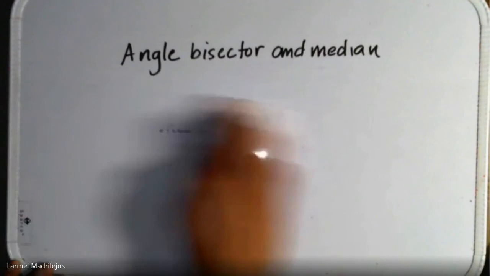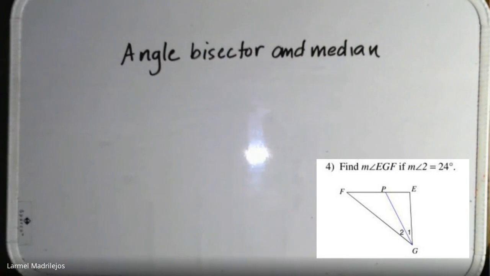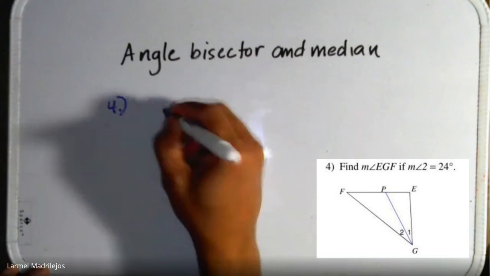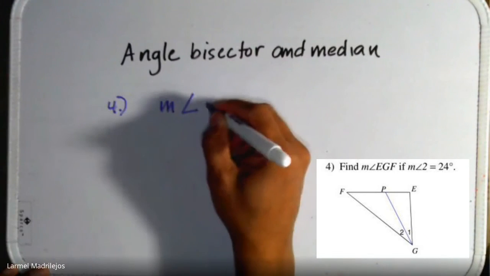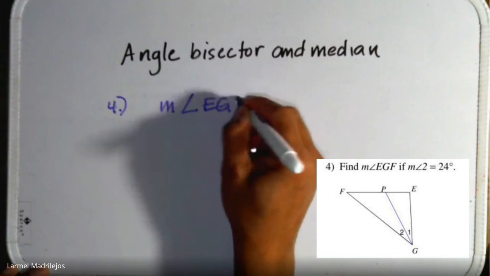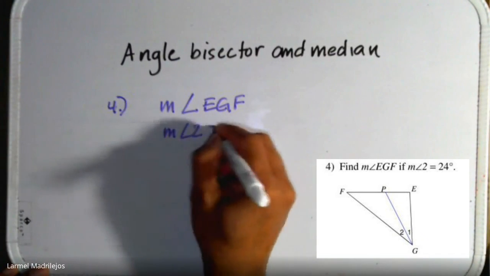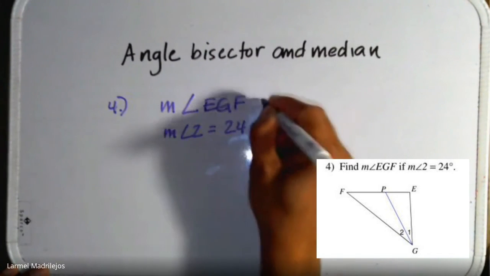Question number 4. Find measure angle EGF if measure angle 2 is 24.